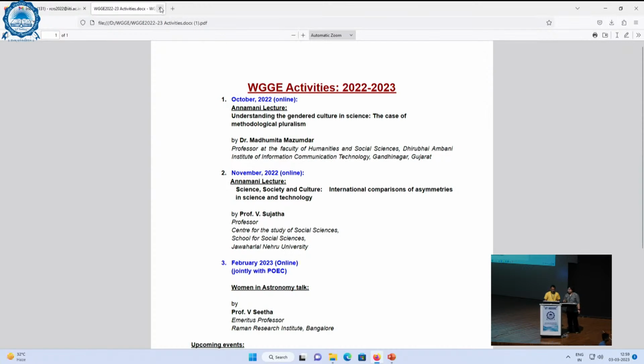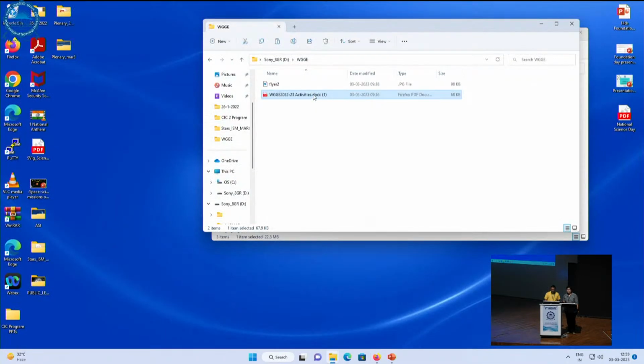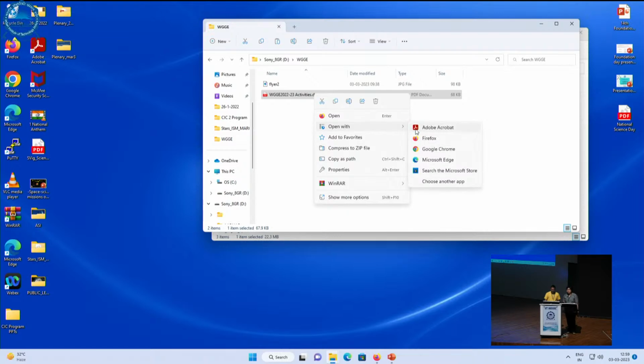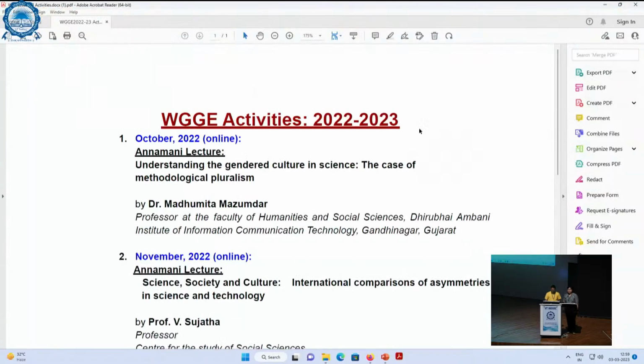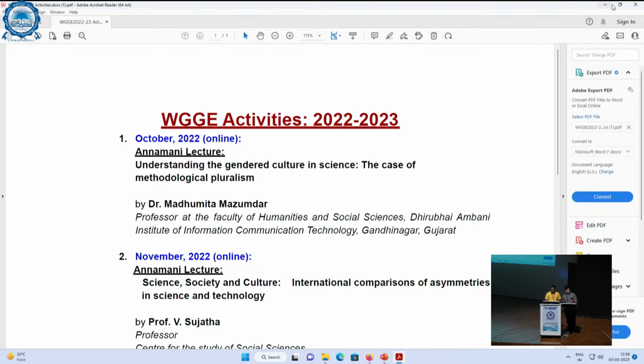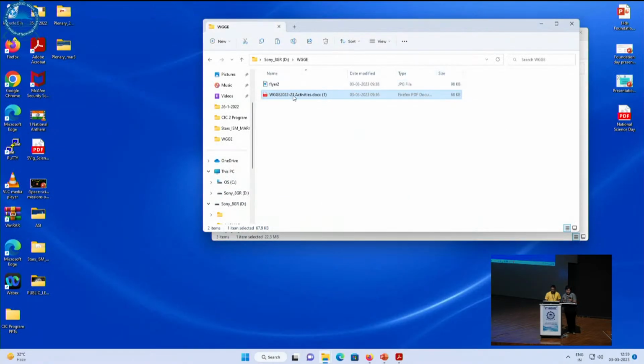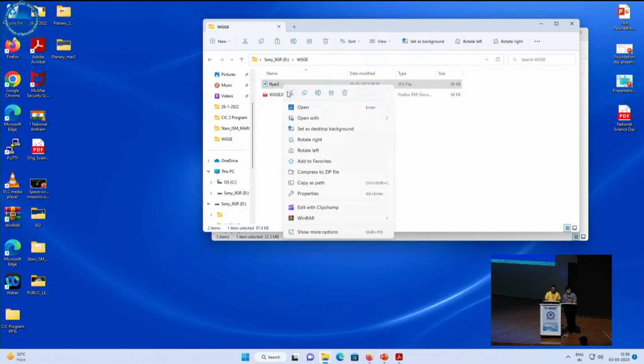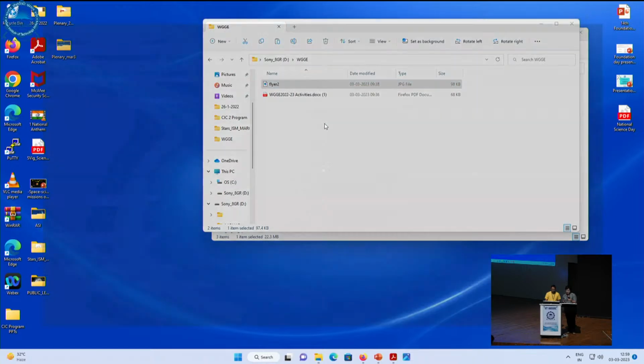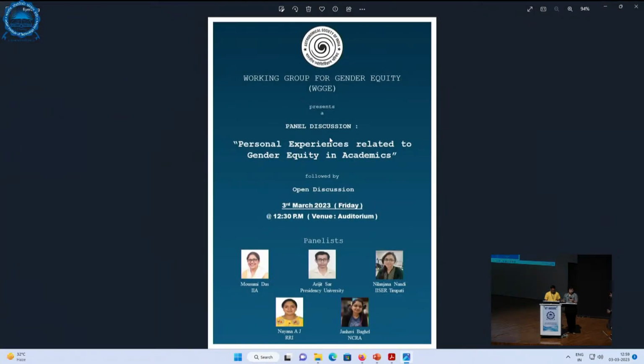While I flash a slide on the activities of the WGGE, the Working Group for Gender Equity of the Astronomical Society of India, I call on the stage the panel members: Nilanjana Nandi, ISER Tirupati, Janhavi Baghel, NCRA, Arijit Sir, Presidency University. Please be seated. Dr. Nayana AJ, IIA, and Professor Moushumi Das, IIA.